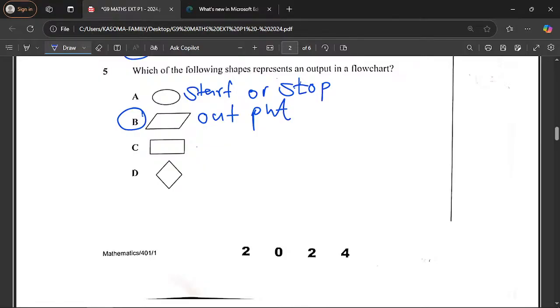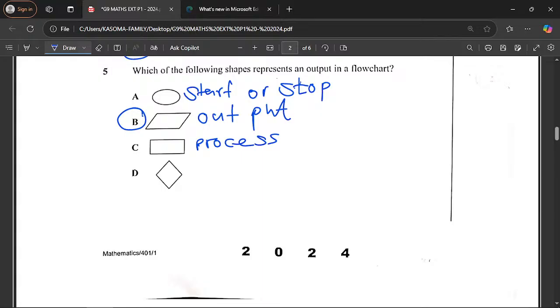Okay, what about the rectangle? What does the rectangle stand for in a flowchart? The rectangle stands for process. What does the diamond stand for?